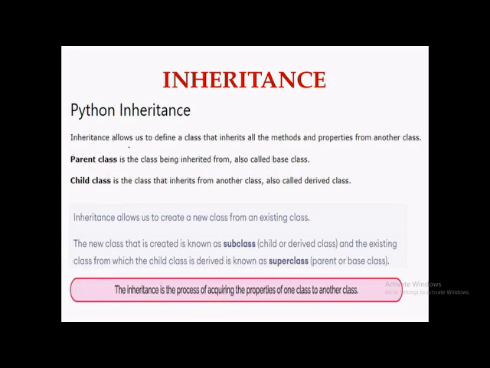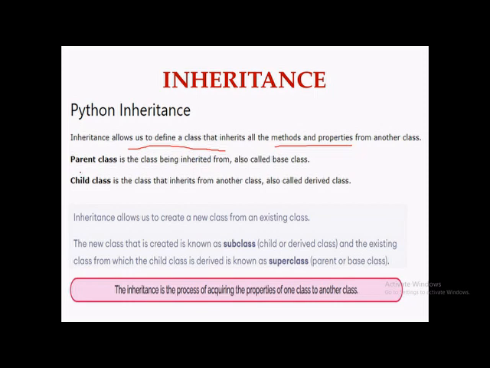Normally we use variables and methods in a class. If you want to use the variables and methods of one class in another class, we can use this inheritance concept.